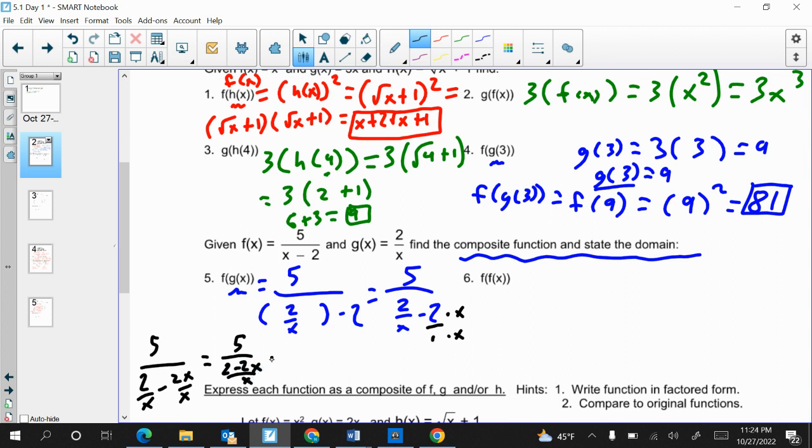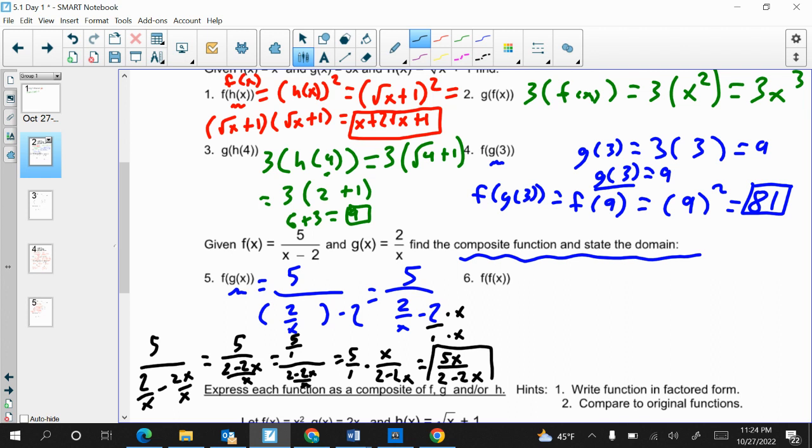And I'm dividing by a fraction right now, so I might as well turn them both into fractions. 5 over 1 divided by 2 minus 2x over x. And I could solve that now by multiplying by the reciprocal. 5 over 1 times x over 2 minus 2x. So that becomes 5x over 2 minus 2x.